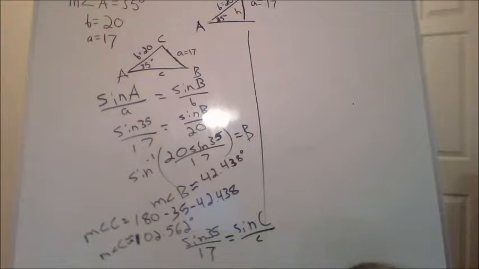So if we rearrange this a little bit, we're going to get C equals 17 sine C divided by sine 35.